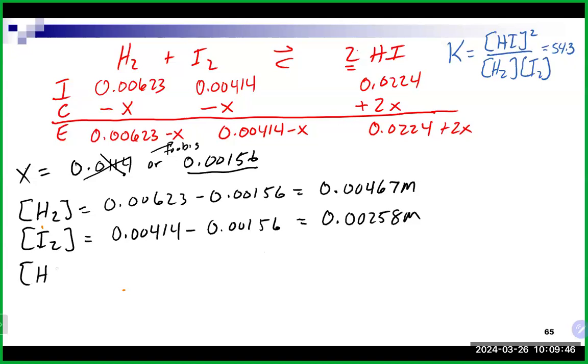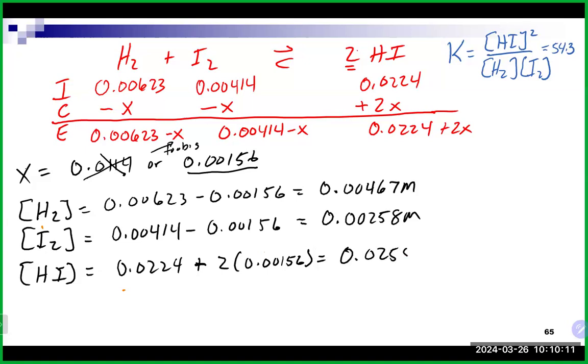And lastly here, this is going to be 0.0224. Remember that this one is actually a plus, not a subtraction. And that's going to be 2 times 0.00156. And that will get us here, if I hit the right number, that would be good too, probably, 0.0255 molar in this case. And dare I say, hopefully that should be the right thing. And that hopefully should be what you got as well.